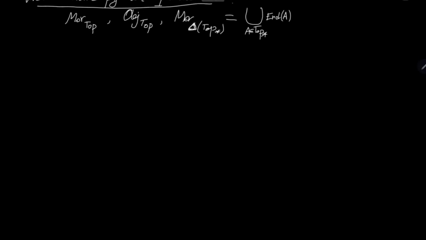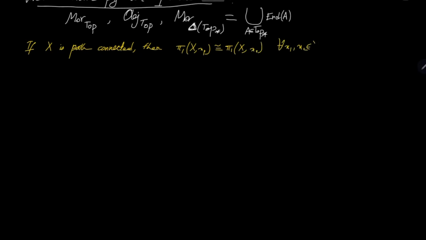And one result from that is, if X is path connected, then pi 1 of (X, x1) is isomorphic to pi 1 of (X, x2) for all x1 and x2 in X.